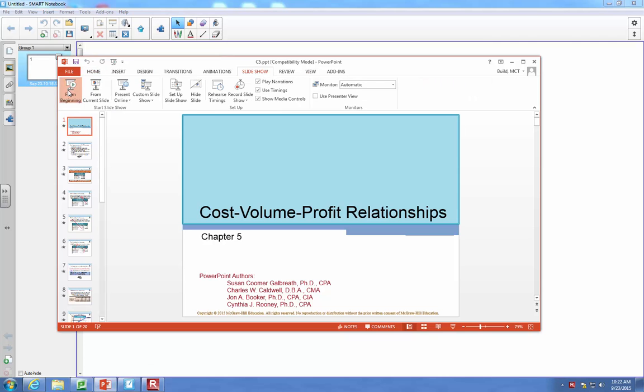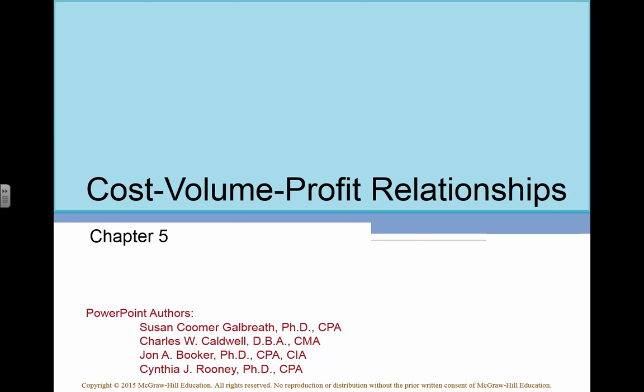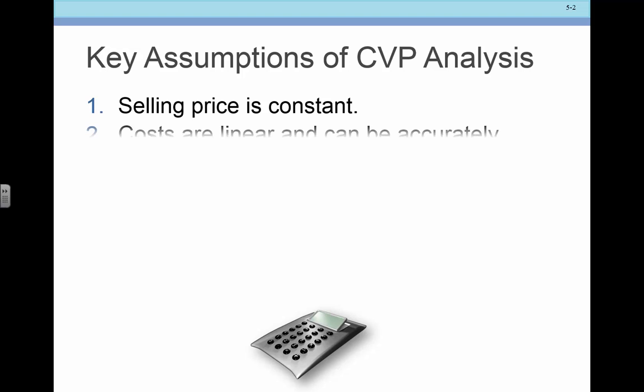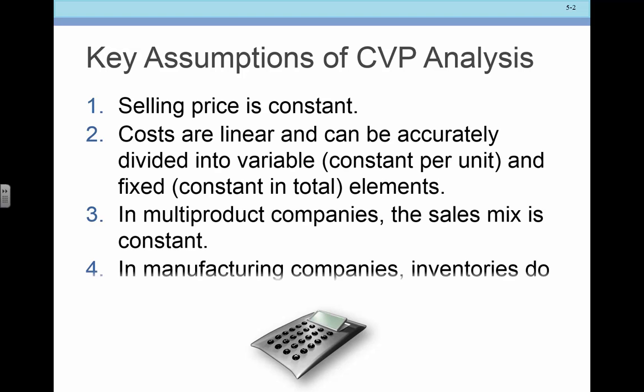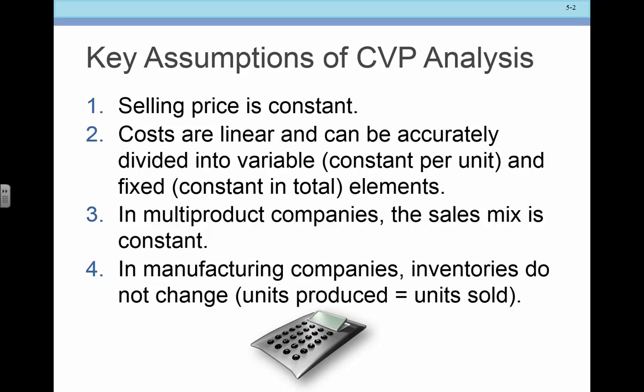So what we're doing today is starting on Chapter 5, CVP analysis. CVP stands for cost, volume, profit analysis, and that's the name of the chapter.